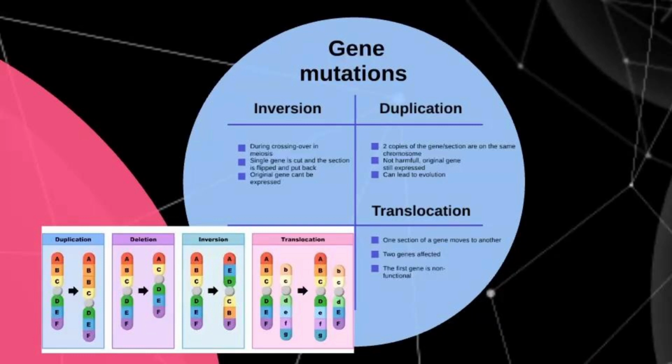And as we know with evolution, if one of those is more beneficial, then that will be passed to the offspring. So this duplication is actually a very important part of evolution, and as I said before, it doesn't cause the gene to not function because there is a complete gene present. So the right polypeptide is still expressed, but we just have an extra gene present as well.